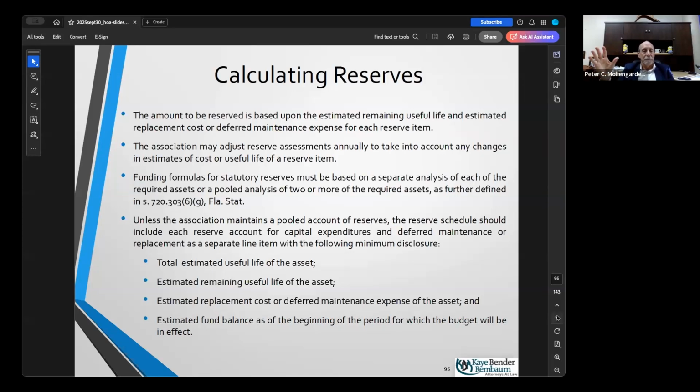But again, these are all really gleaned from the condominium statute, but only applying to HOAs for statutory reserves, which are those voted in by the membership.